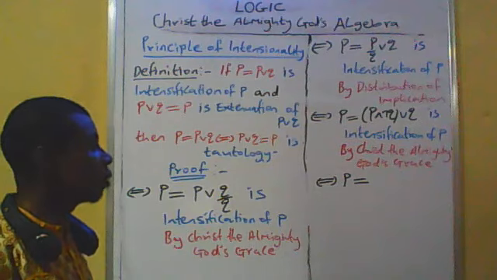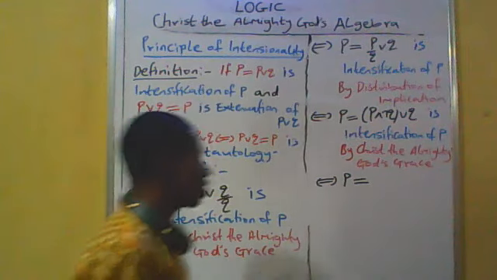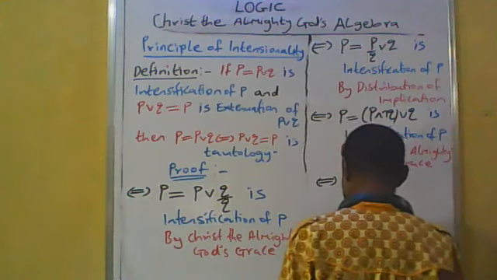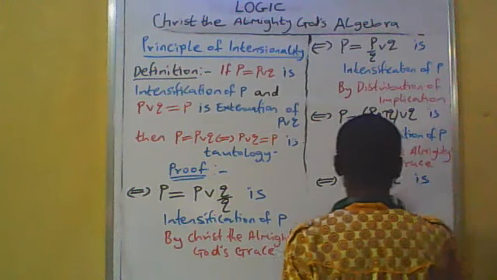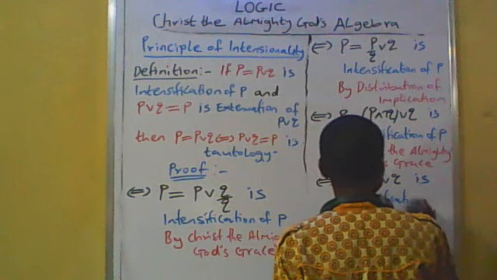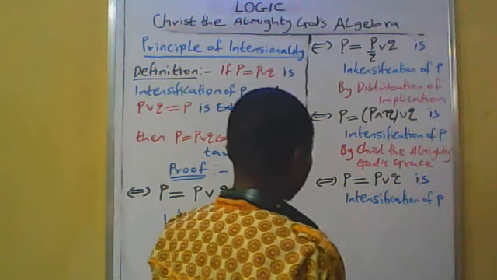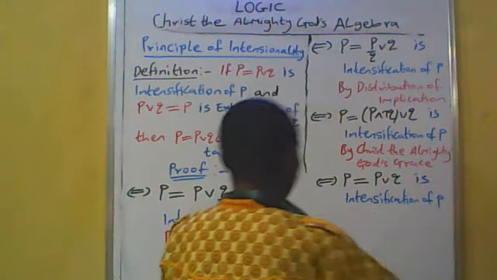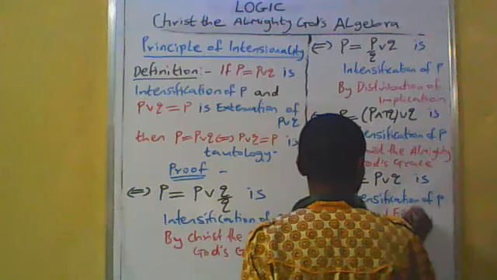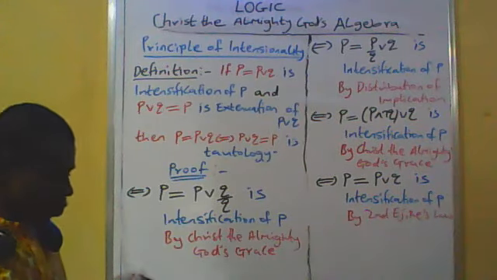By second edge case law, P and not Q, all in brackets or Q, is equal to P or Q, and is still the solution of P. So P or Q is intensification of P being justified by second edge case law.